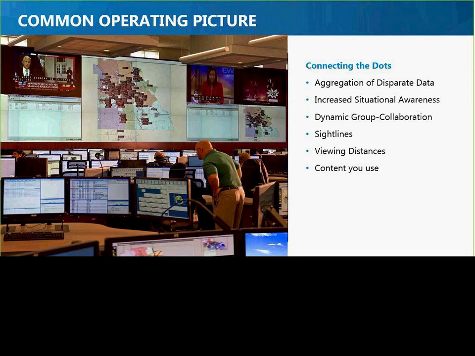Viewing distances tie into Sightlines. Viewing distances are really the optimal distance, if you will, of where somebody sits in the room, front row, second row, etc., versus where the actual display screen is. There's a rule of thumb for how close somebody should be versus how far they should be from the screens.